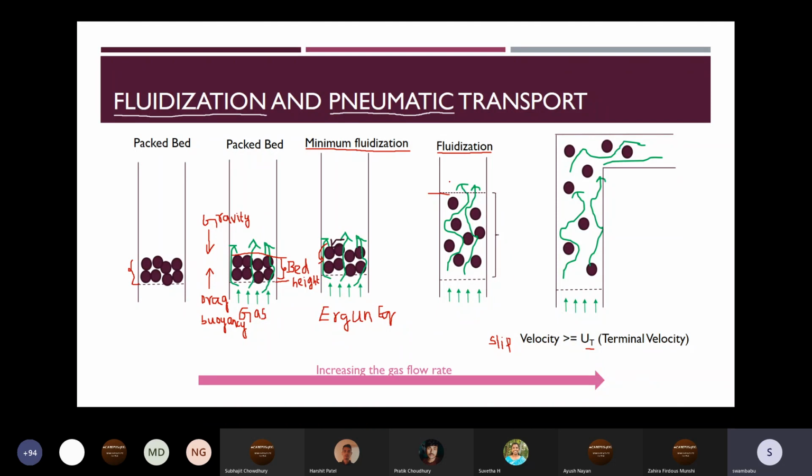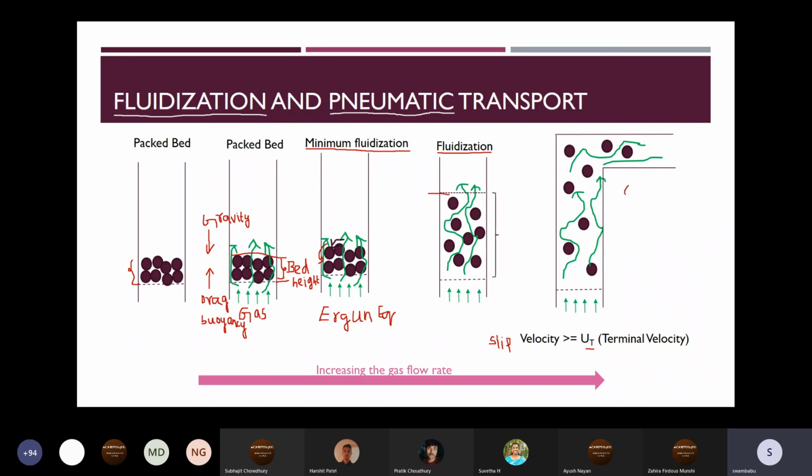The particles will accelerate only up to a certain height. But at a certain condition, the particles will attain a constant velocity with which they move along with the fluid. That is called terminal velocity.